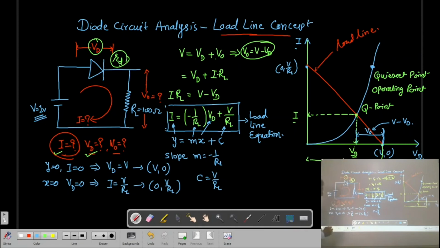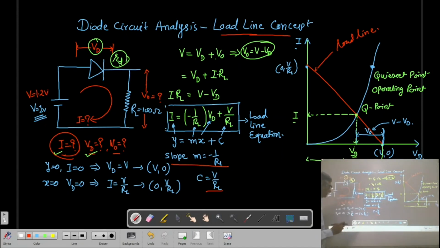Okay. Now here you can see that the slope is given by minus 1 upon RL, and the intercept is given by V by RL. Now instead of 1 volt in this circuit, if I apply V equal to 1.2 volt, what will be the new line?